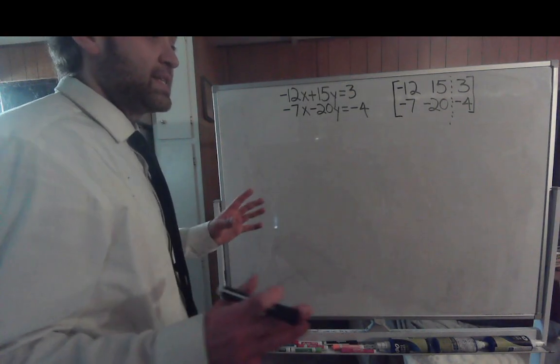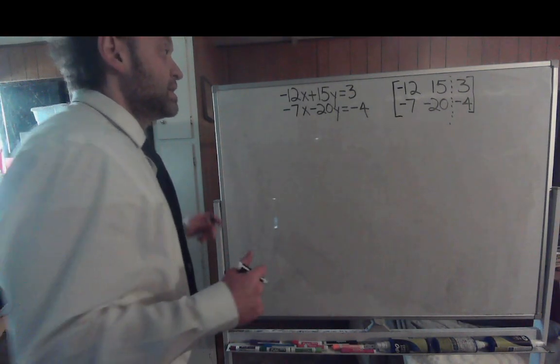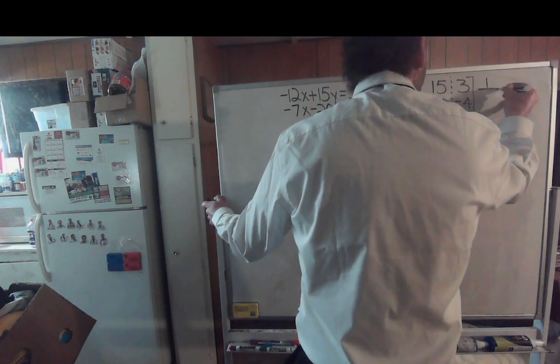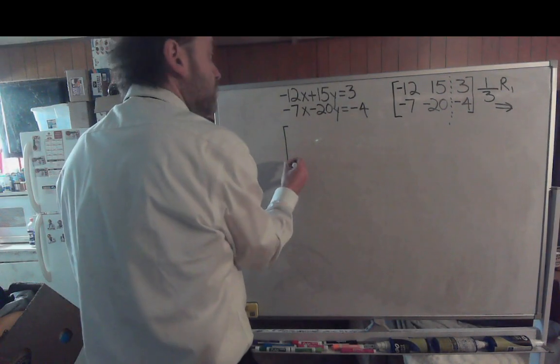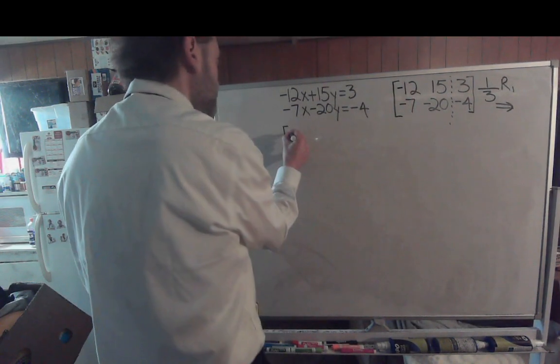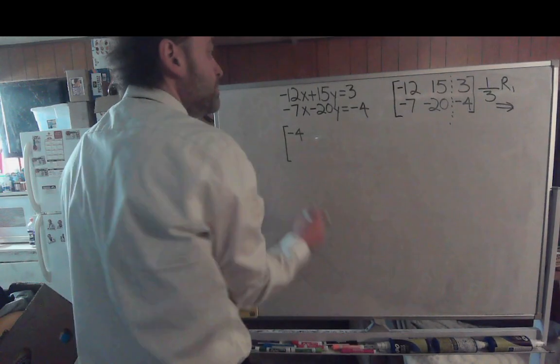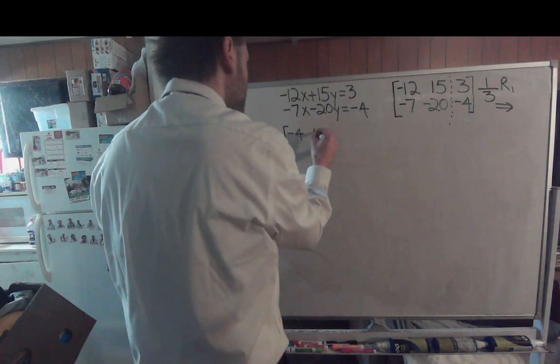So let's go ahead. Let's take a third of row 1 to reduce some of the numbers. That's all we're doing to start with here. So just take 1/3 of row 1. So a third of negative 12 turns that into negative 4. A third of 15 is 5.